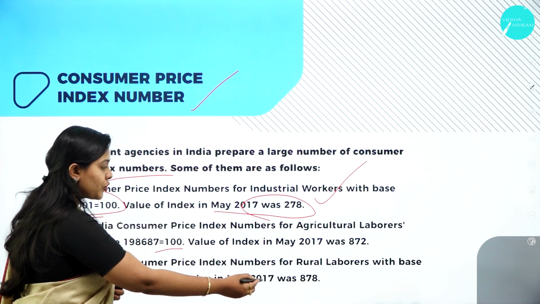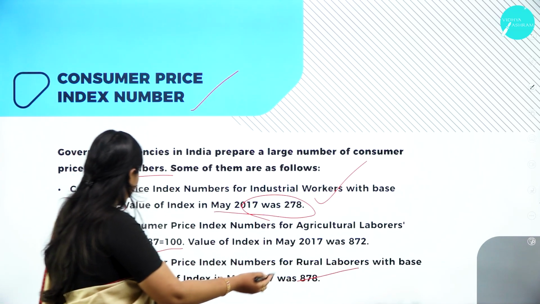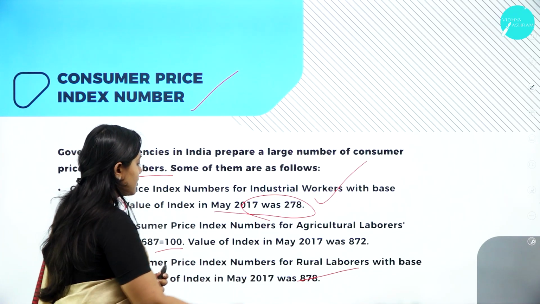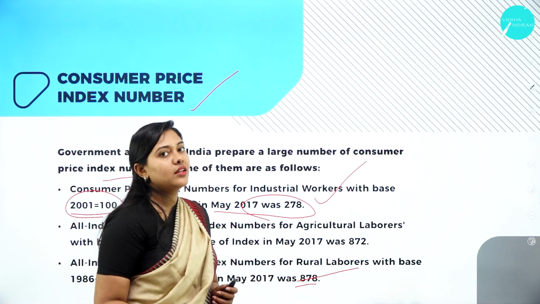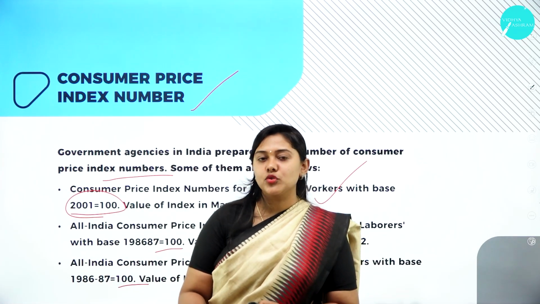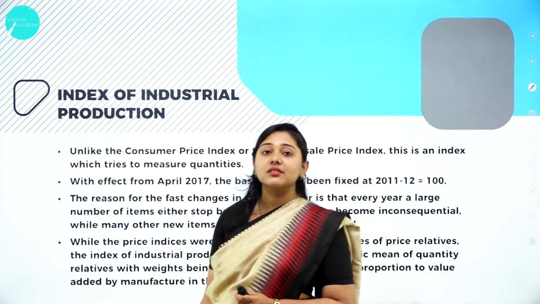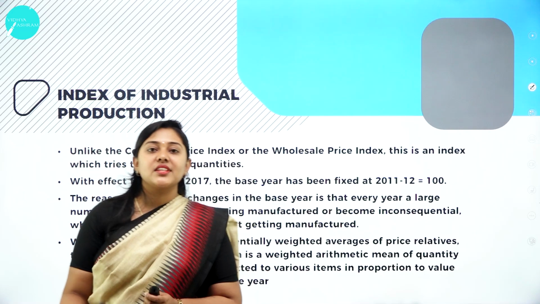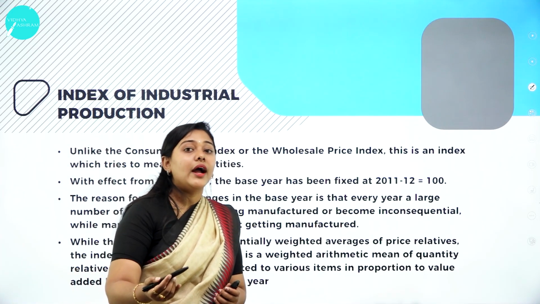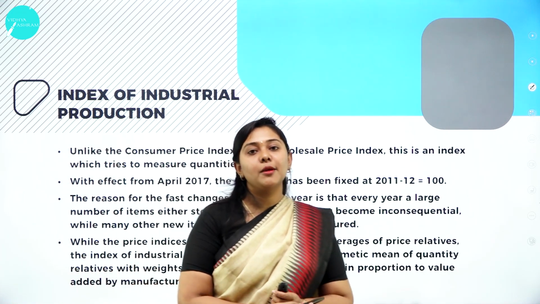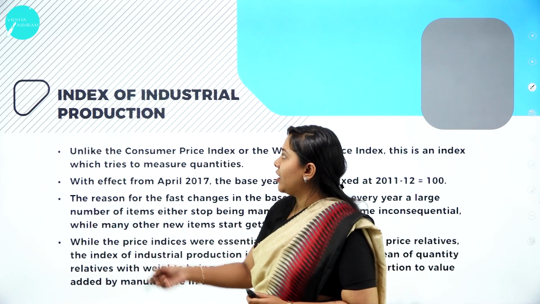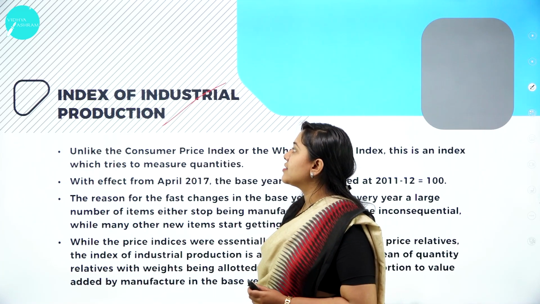Next we have rural labors, the base period was 100 and the index here has increased to 878 rupees. So this is all about your consumer price index. All these things are very important, because as I have told you, these are very important for your policy making, for decision making.